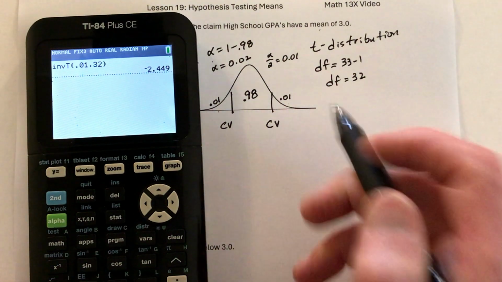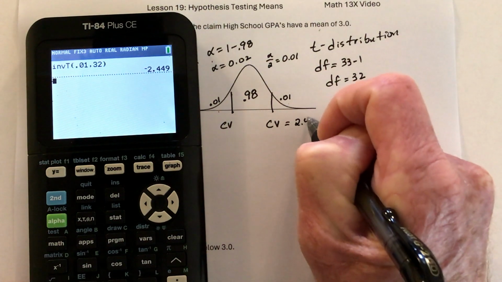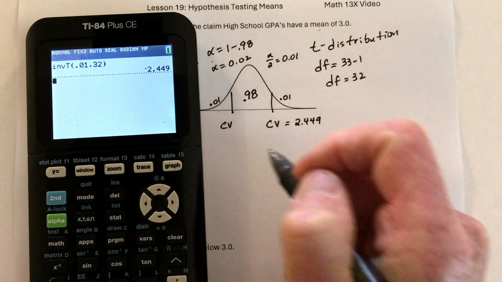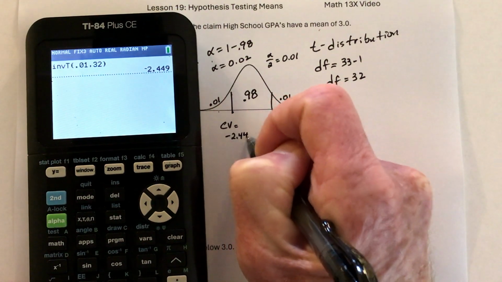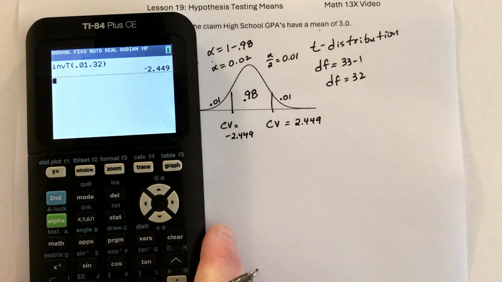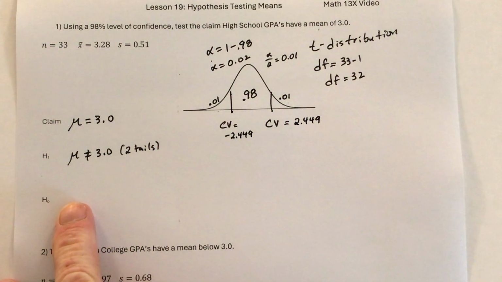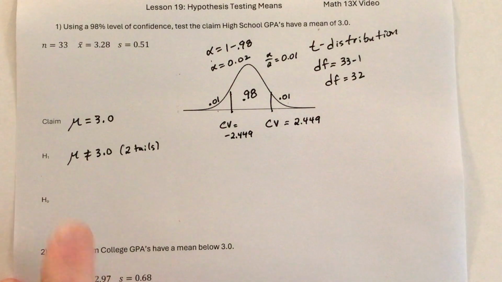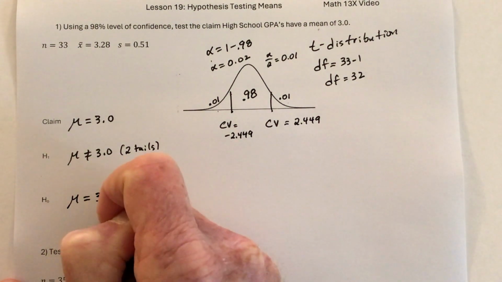The one on the right will be the same number, but positive. So positive 2.449 on the right side, and negative 2.449 on the left side. I just noticed that I forgot to do this, but H sub O is the easiest one. It ignores everybody else, and it always has an equal sign.